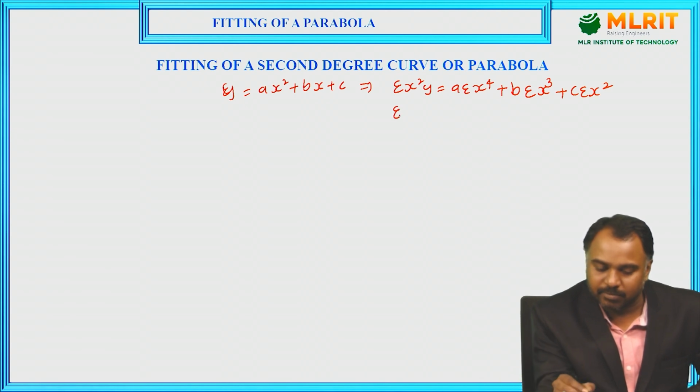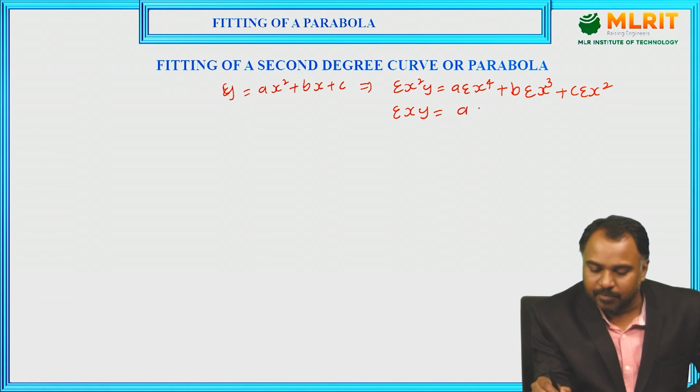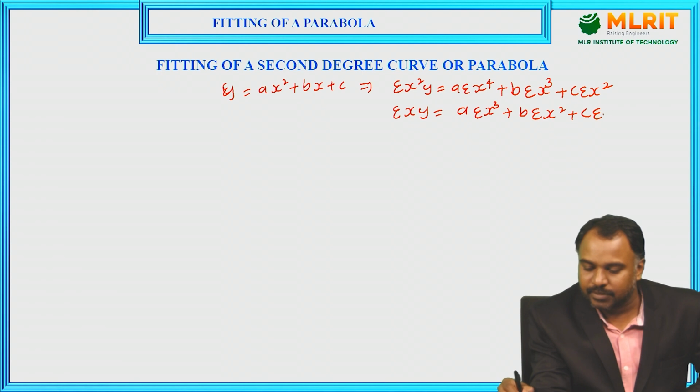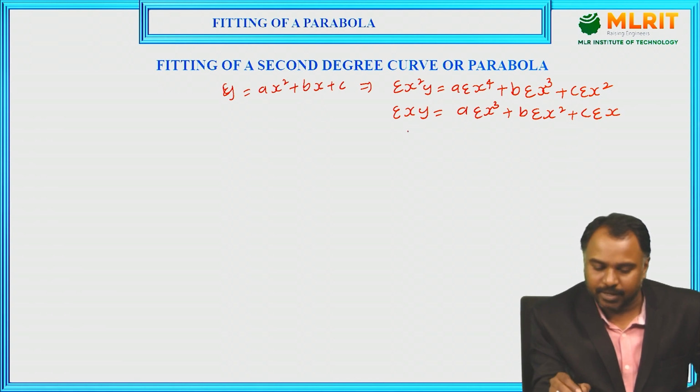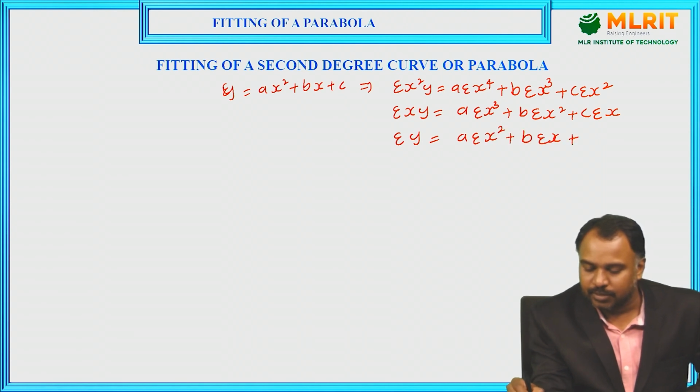Just one more time I am writing the equations. So summation xy, a summation x cube plus b summation x square plus c summation x. Third equation is summation y, a summation x square plus b summation x plus nc.